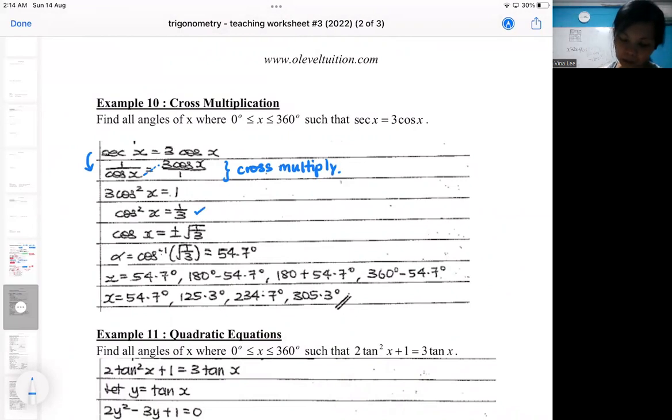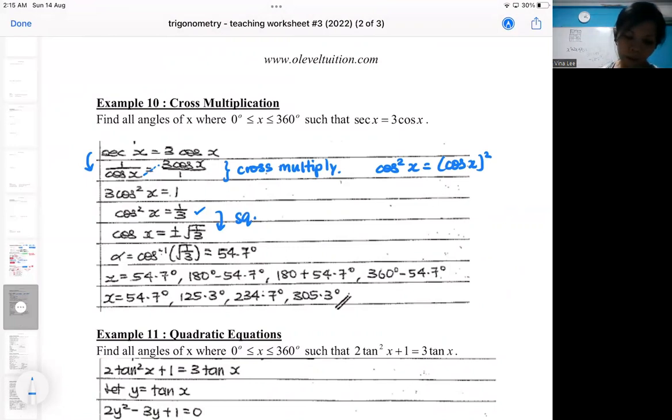Okay, remember what does cosine square mean? Cosine square is a nicer version of cosine x with a square. So how do you isolate the cosine x? You actually got to take square roots. So what you might forget is, sometimes you might forget the plus minus.